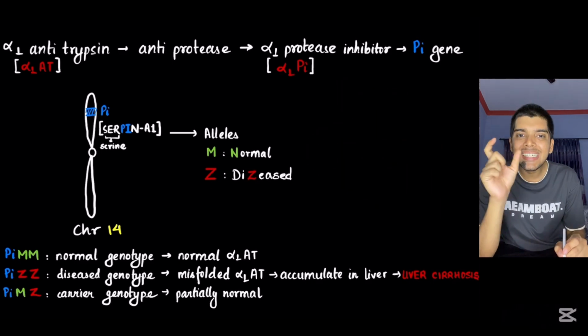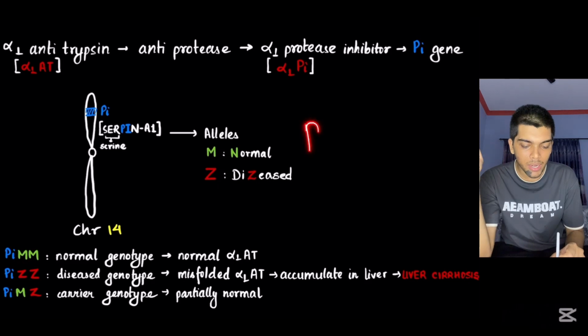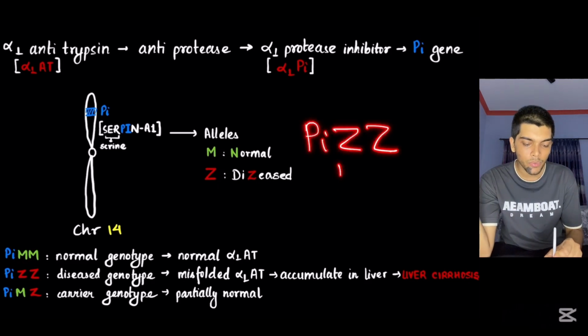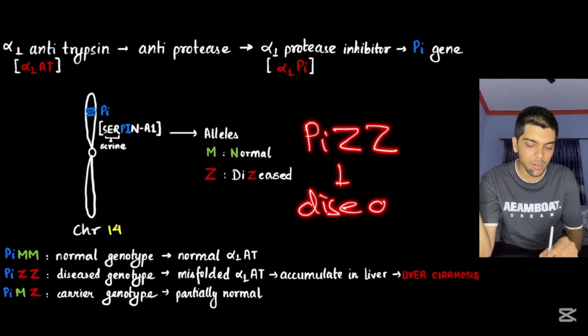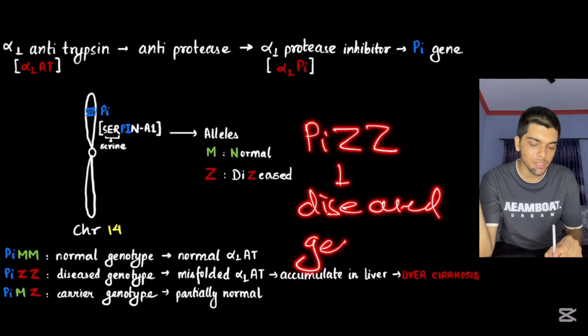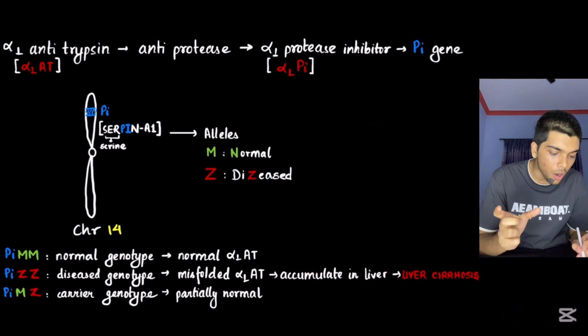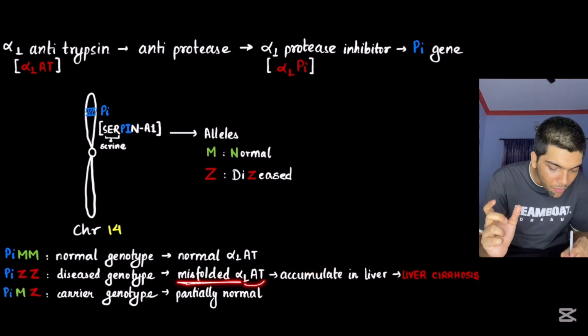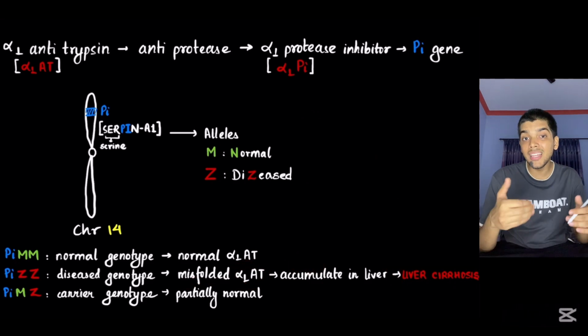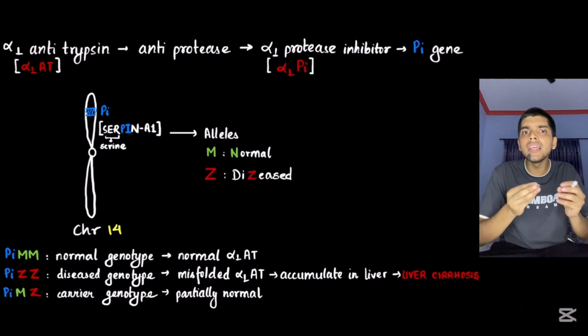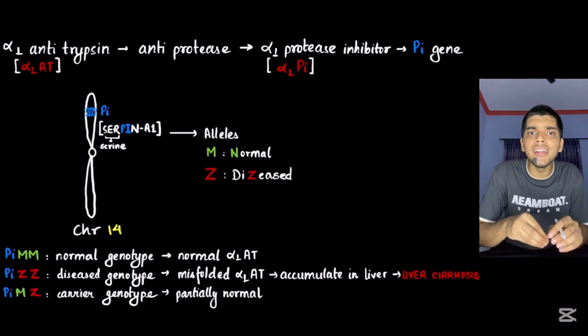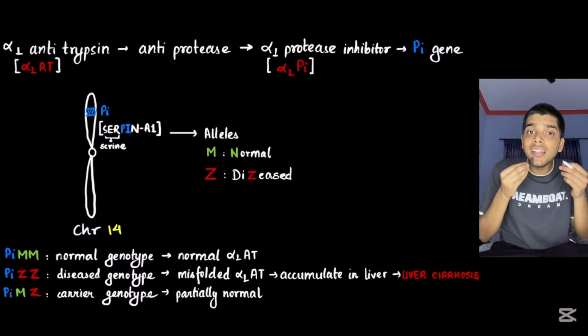See, when you have the diseased allelic pair, protease inhibitor ZZ, which is the diseased genotype, what happens? There is production of misfolded alpha-1 antitrypsin in the liver. And the accumulation of misfolded alpha-1 antitrypsin in the liver causes liver cirrhosis.